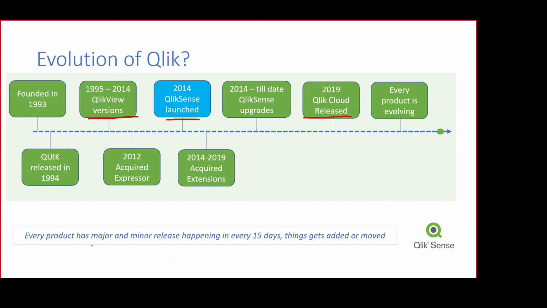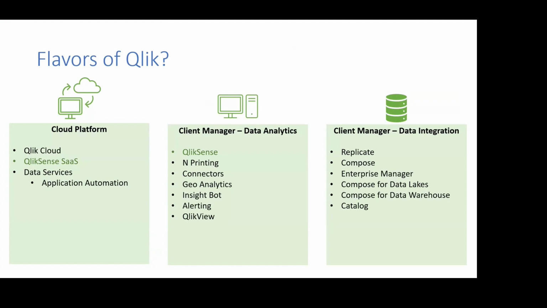All these products have continuous releases happening. There is always some sort of release happening, so some features are added, some features are removed. So what you see currently in the version which we are using might change or evolve if you come back after a year. Things are changing and evolving. We looked at flavors of Qlik and two important flavors. One is Qliksense SaaS and another is Qliksense Desktop.